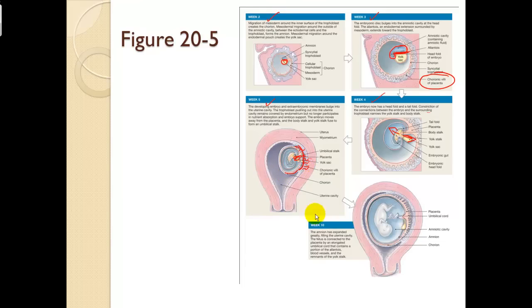Chorionic villi. In week 10, we have a definite placenta that now is supportive for the developing fetus. This is where it adheres to the actual uterine wall. This is also the supply line. We have the amniotic sac, which gives a support structure for the developing fetus.